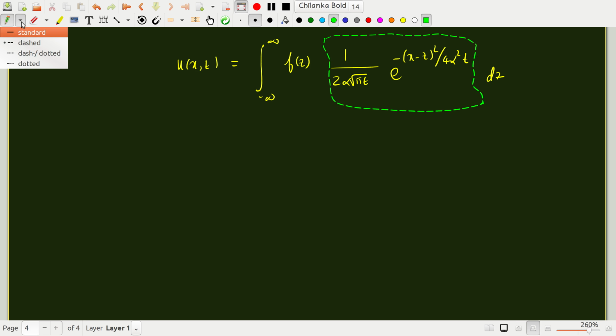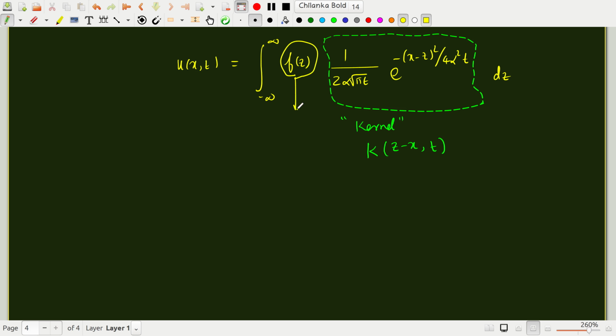This term, you can think of it as a kernel. It's called kernel. Now this is a function of only z minus x or x minus z and time, and this integral is over dz. Now all the information about the initial condition is in this.